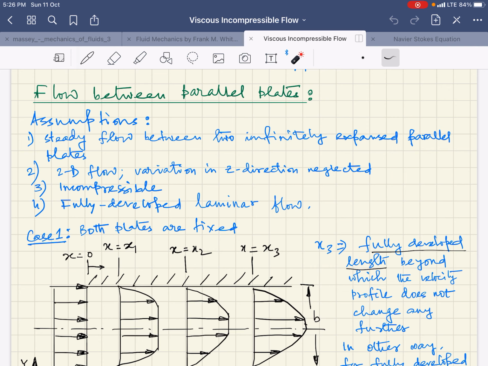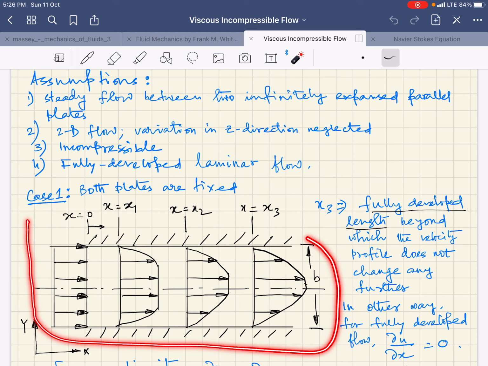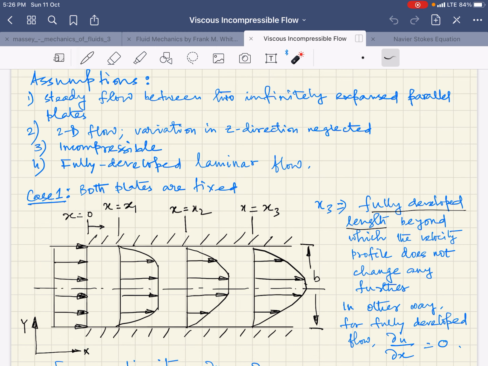First of all, the flow here is assumed to be steady, laminar, and the two plates through which flow is occurring, as you can see here in a sectional view of this particular situation, are being considered to be infinitely expanded, so that the end effects can be neglected, and also the variation in z direction is neglected, such that we consider the flow to be a two-dimensional flow.